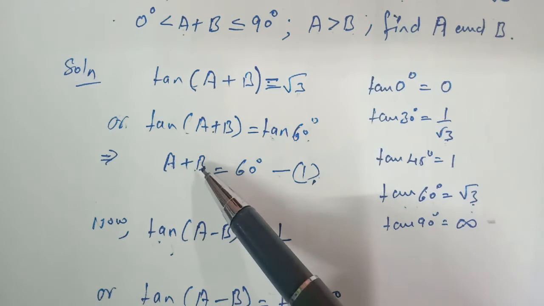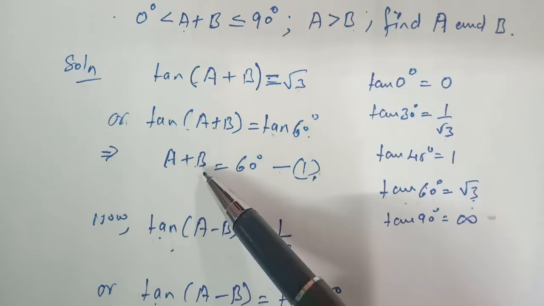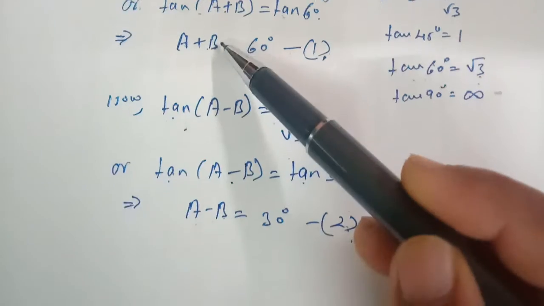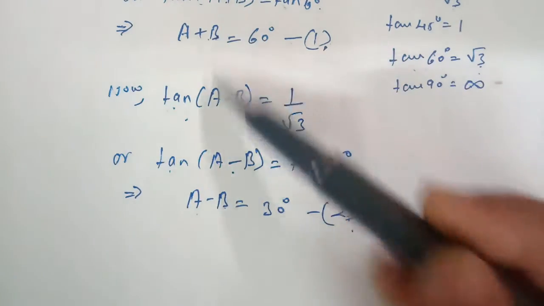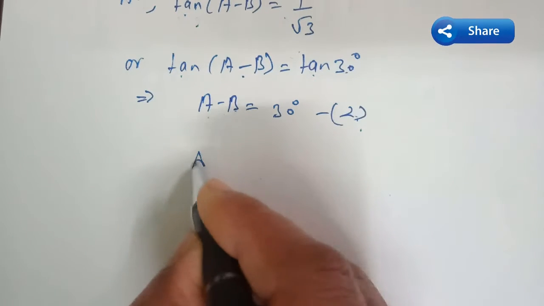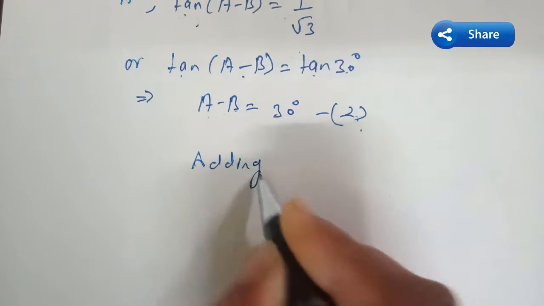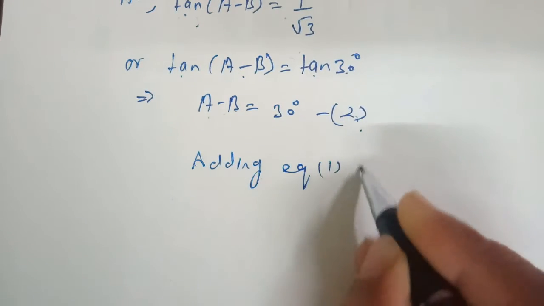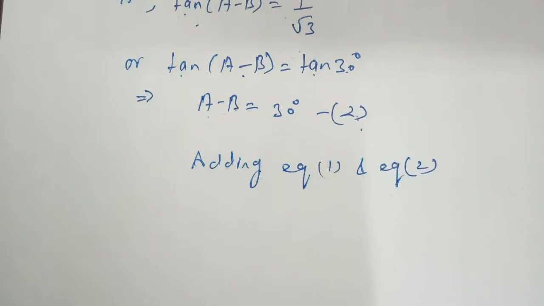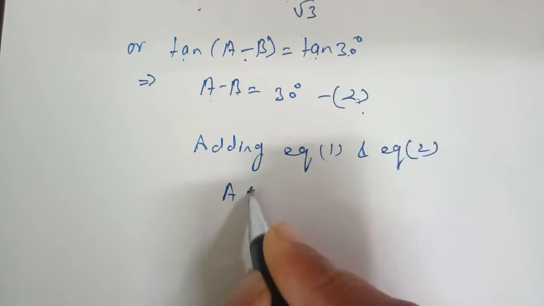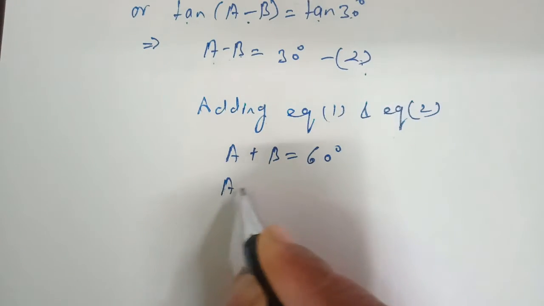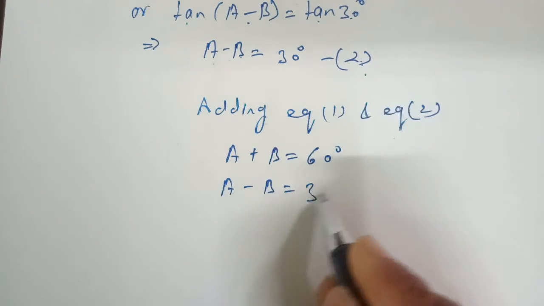But if we eliminate b, then we have to add both equations. So what we are doing is adding equation 1 and equation 2. Why? Because we want to eliminate b. First of all, I am writing both equations: A plus B equal to 60 degree and A minus B equal to 30 degree.